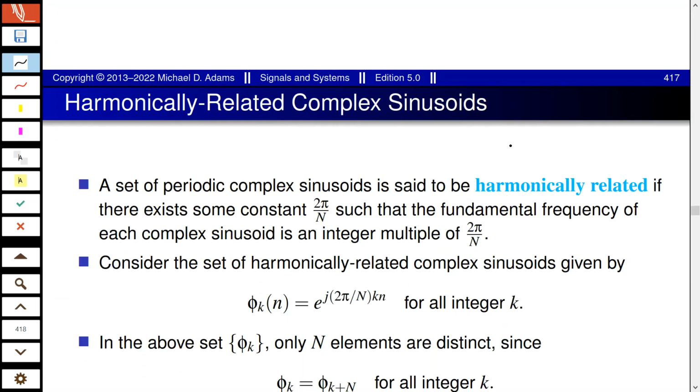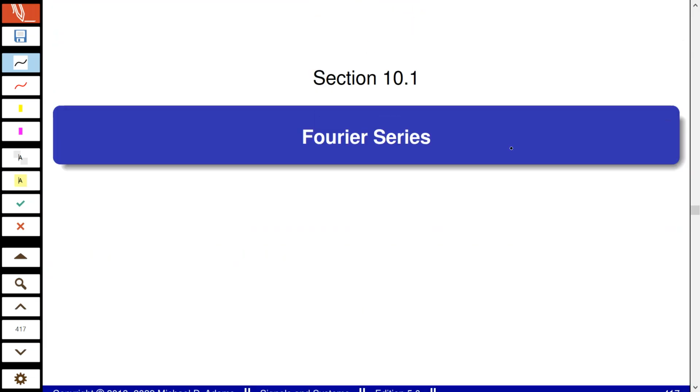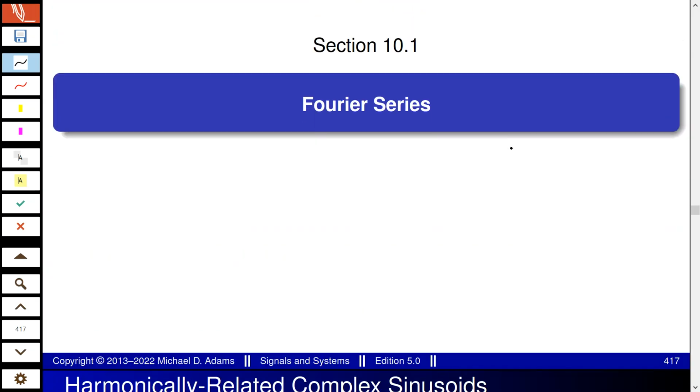Okay, sir. So if you remember, because this is Fourier series, we should recall certain things from continuous time Fourier series. If you remember, there we saw that when we combine those sinusoids, the frequencies of those sinusoids, like we were using this omega k, must be multiples of a fundamental frequency.